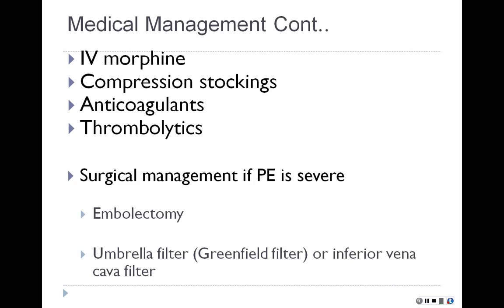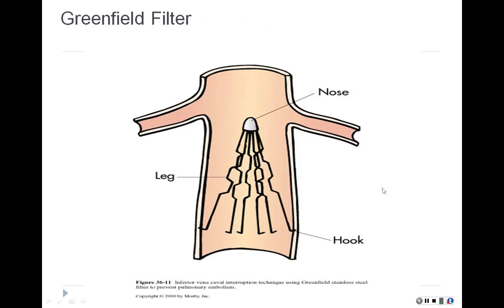Some of them are meant to be put in for short term and then taken out, and some are permanent. Now there you go. It's like a little picture, and it's called the nose, and these are the hooks that hook into the vena cava, and then you can see where the blood going through that would keep it from clotting up.